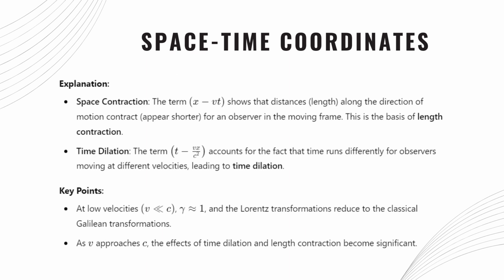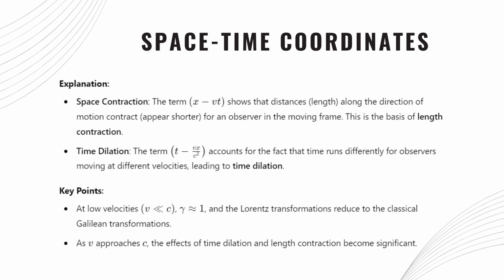Space contraction: the term x minus vt shows that distances along the direction of motion contract for an observer in the moving frame. This is the basis of length contraction. Time dilation: the term t minus vx divided by c squared accounts for the fact that time runs differently for observers moving at different velocities, leading to time dilation.